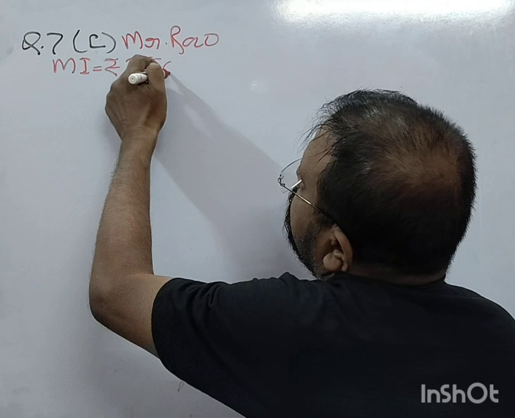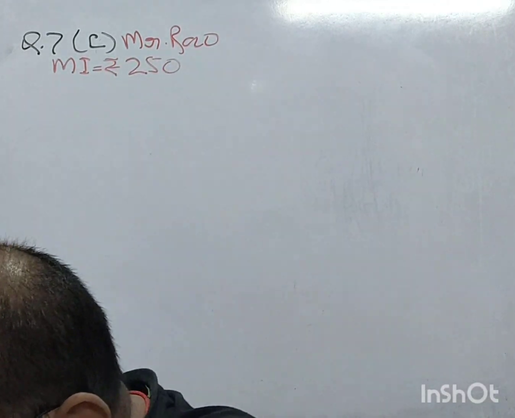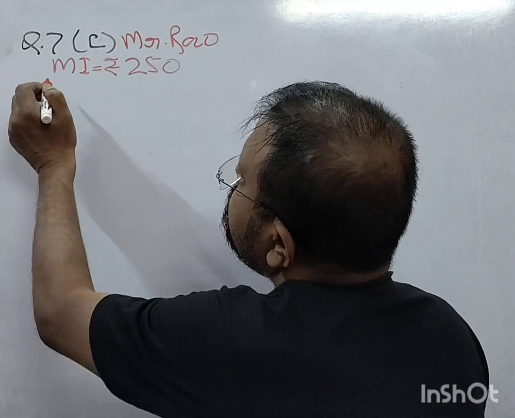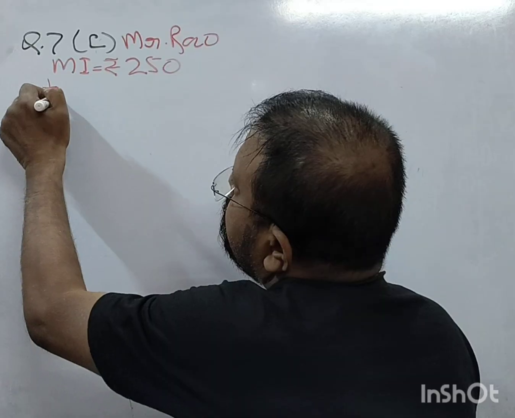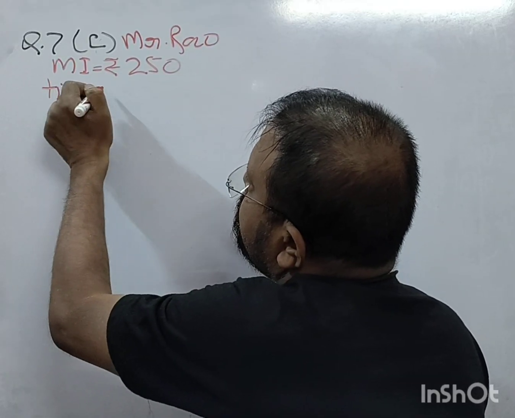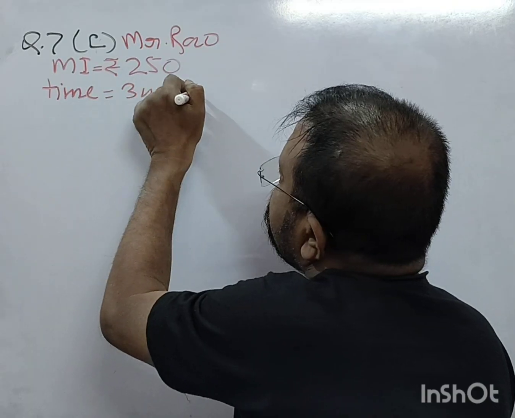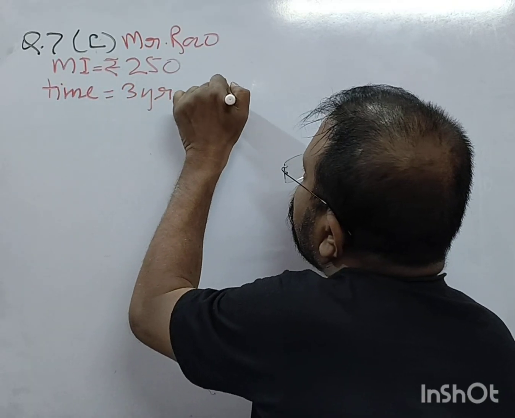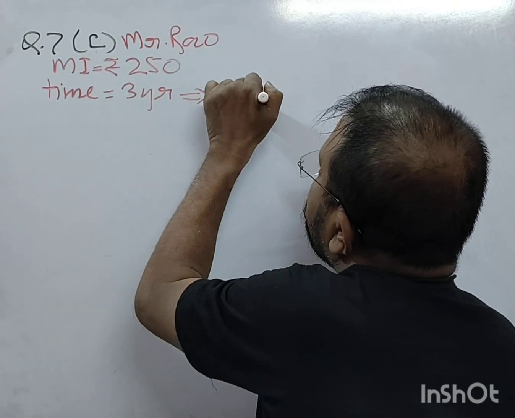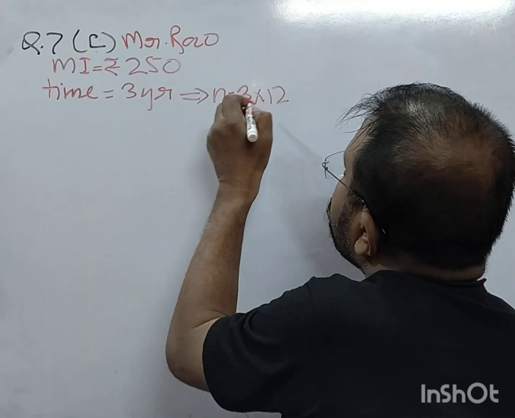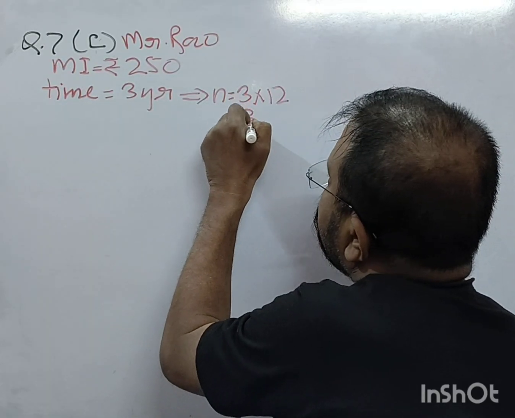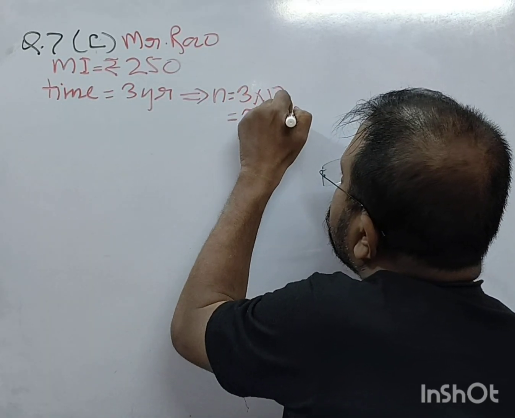Time is 3 years. It means n is equal to 3 into 12, which is 36 months. You get that?